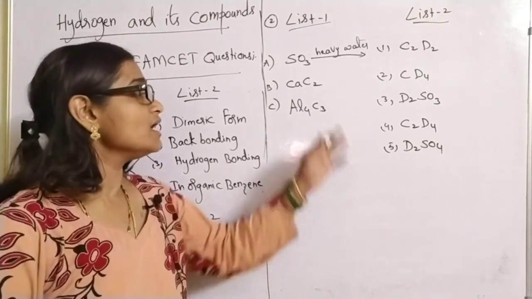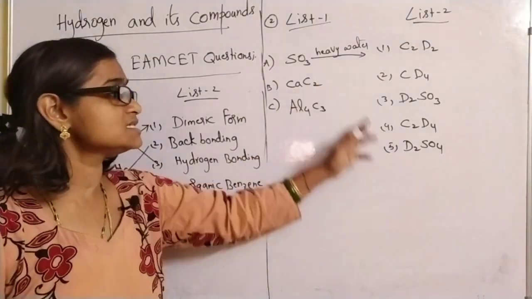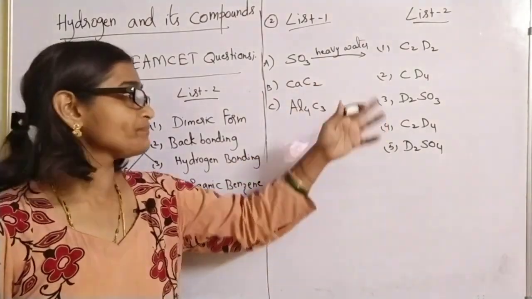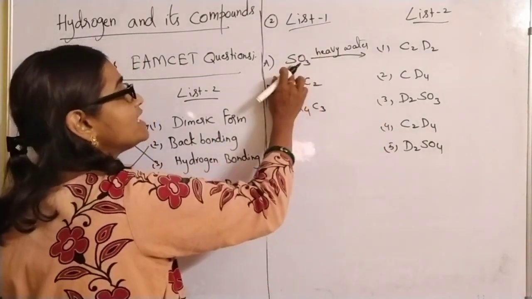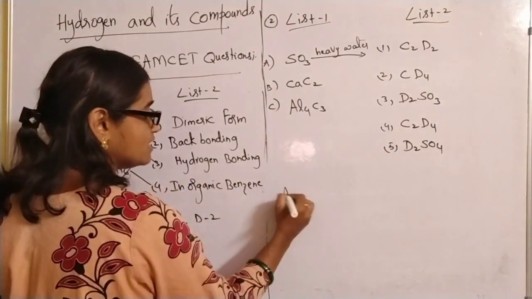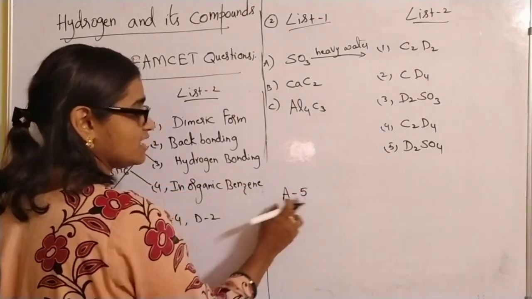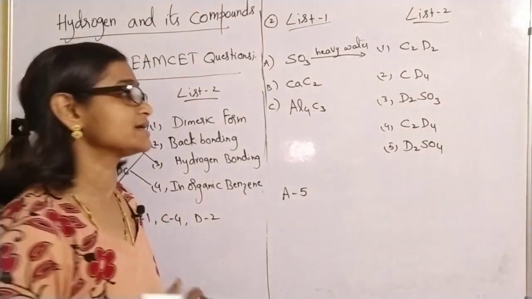H2SO4. Here, instead of normal water, you took heavy water. That means deuterosulfuric acid you should get. So first one, by treating SO3 with heavy water, you will get deuterosulfuric acid. So for option A, the correct answer is 5.